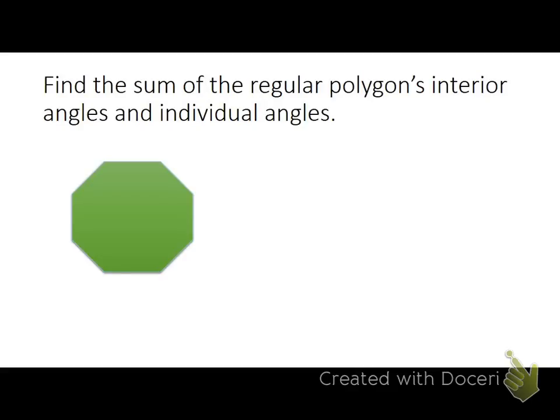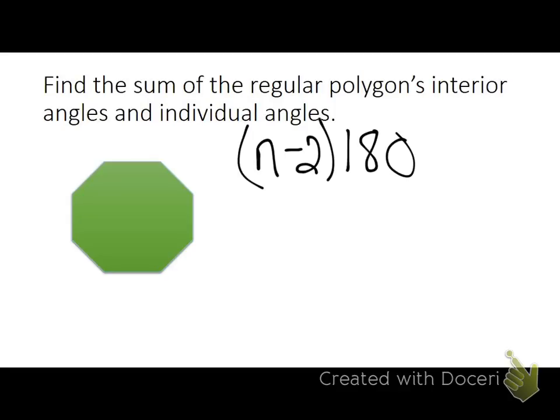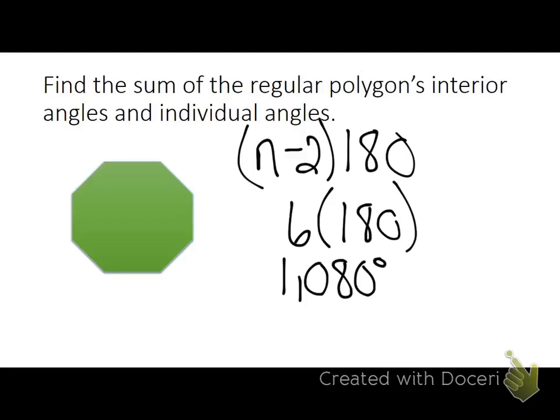Find the total and then find the individual. Go ahead and try. Your formula that you must have memorized: n minus 2 times 180. How many sides are in this polygon? 8. So 8 minus 2 is 6 times 180 equals 1080 degrees.